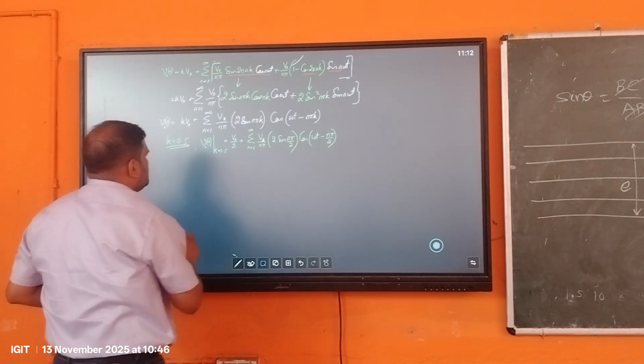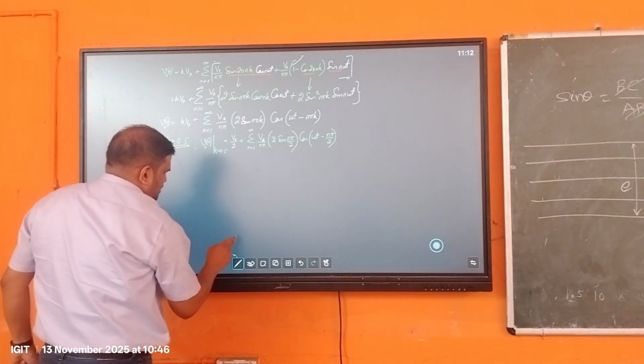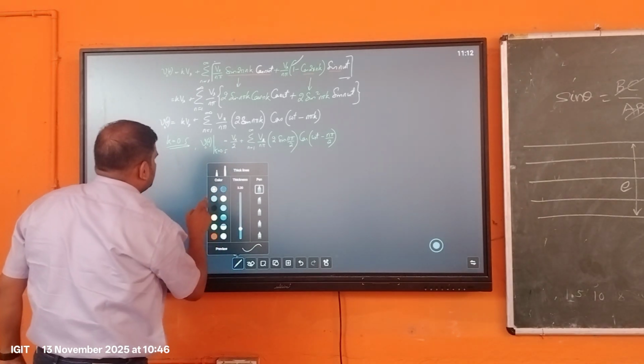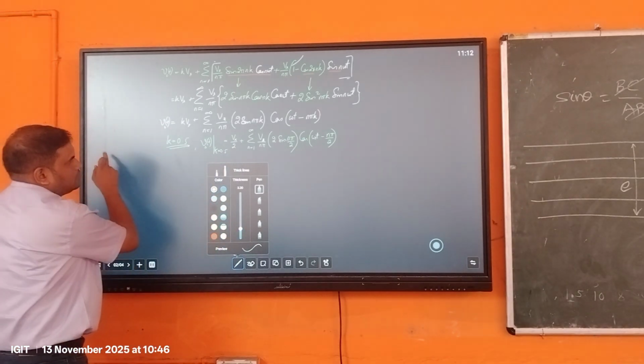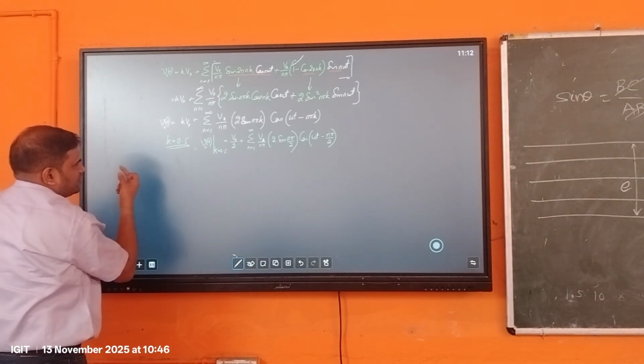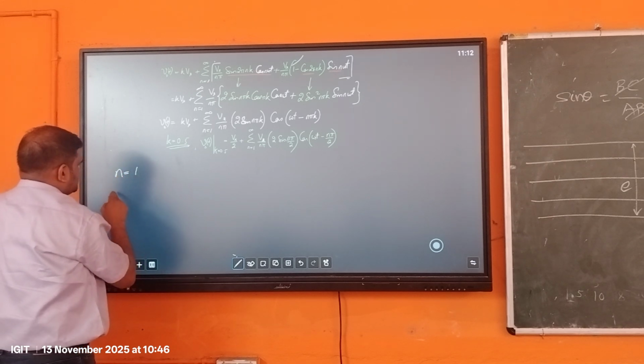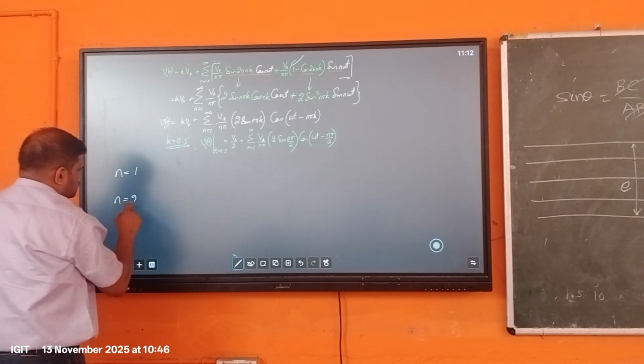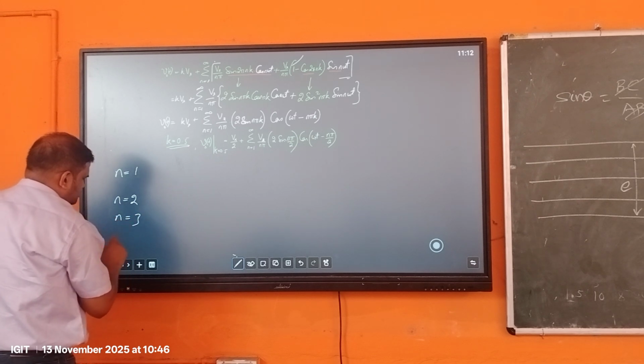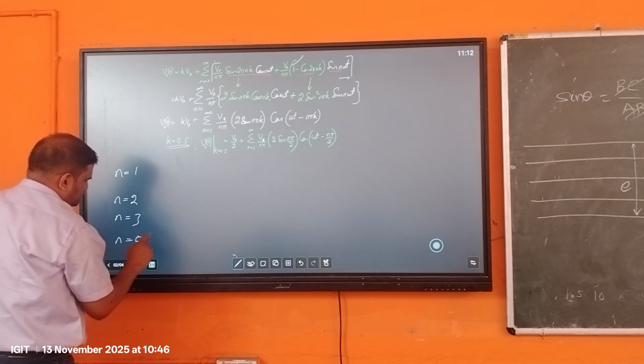So the same equation for different values of n: n is equal to 1, n is equal to 2, n is equal to 3, and we'll do for 5, that's all.